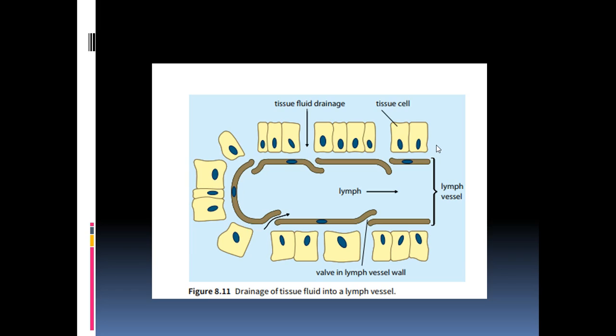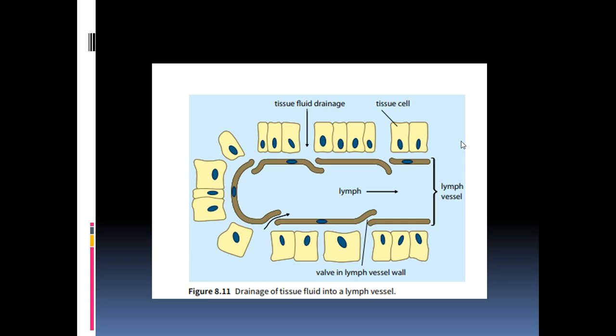So there should be some sort of mechanism to take back that fluid and return it to the blood vessel. It is estimated that only about 90% of fluid that leaks from capillaries will eventually seep back into them. So you have 10% more that will not enter the capillaries back.